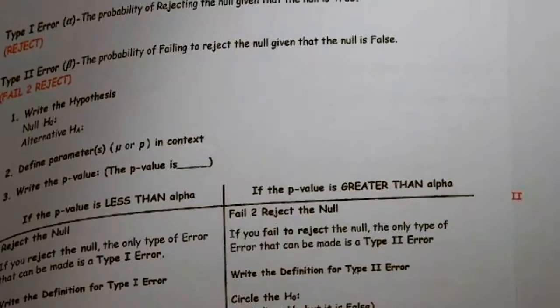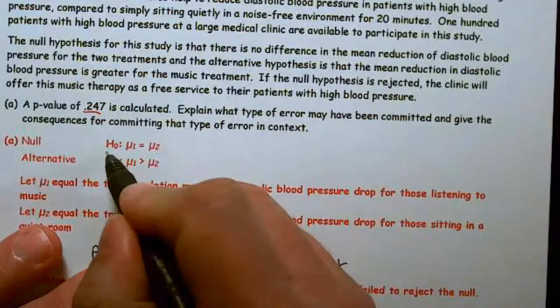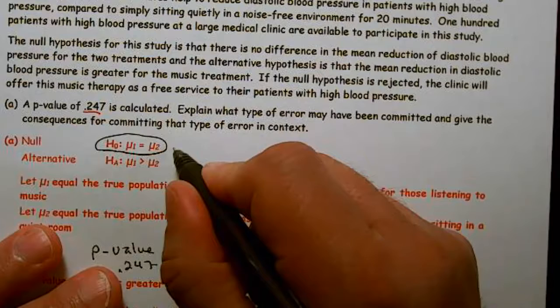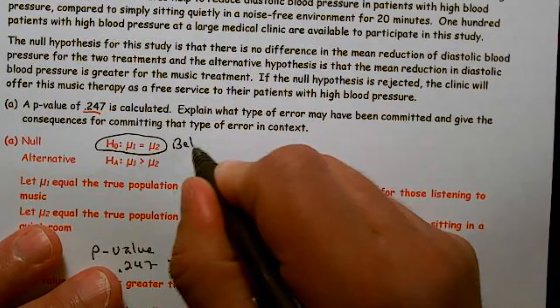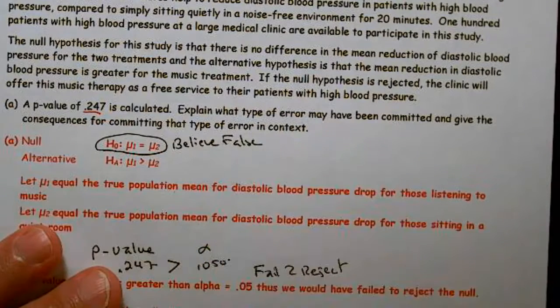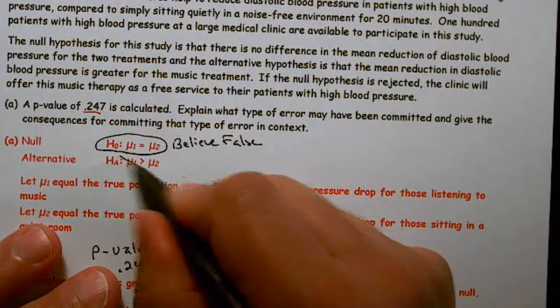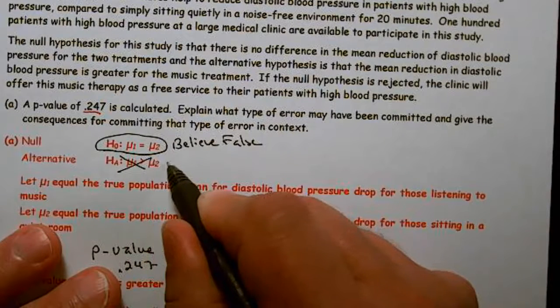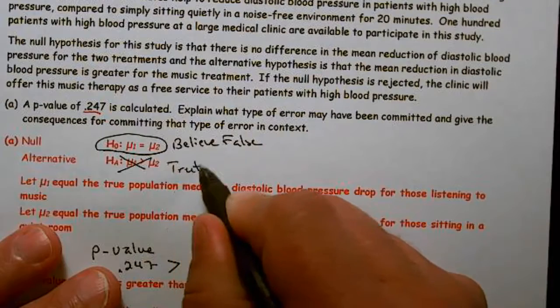So then we're supposed to circle the null. So we circle this, and we believe that it was false. All right, we're going to cross out this. In other words, we don't believe, and this was the truth.